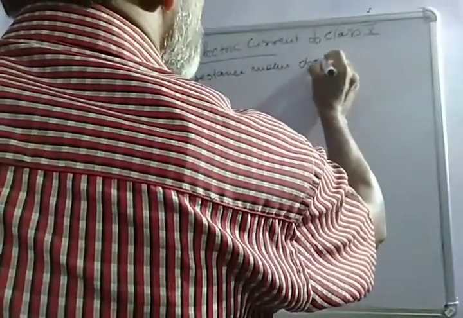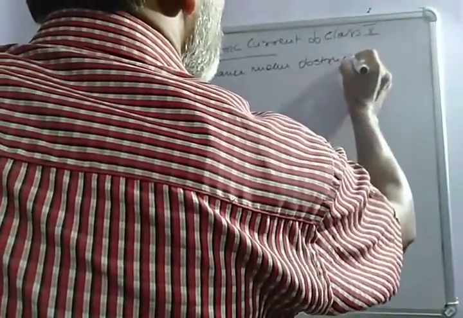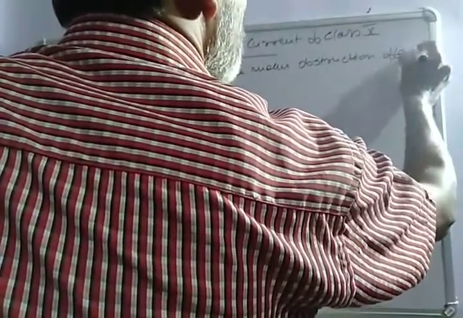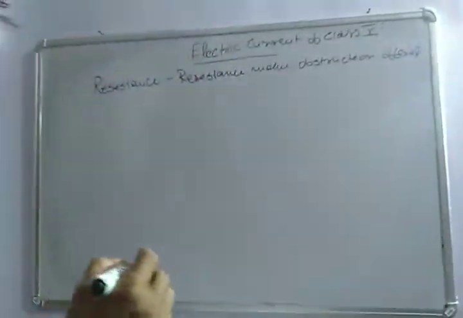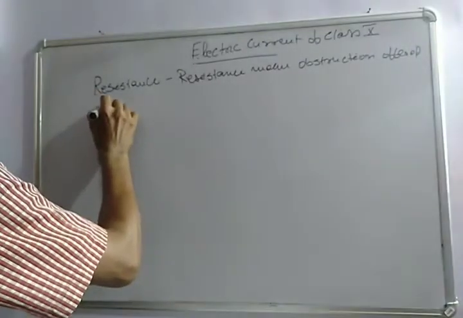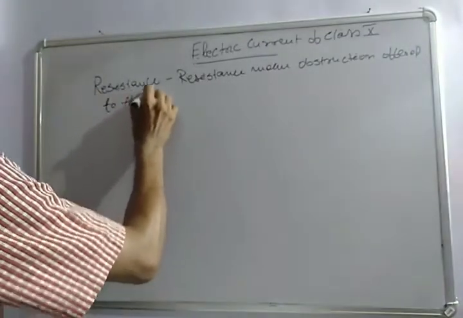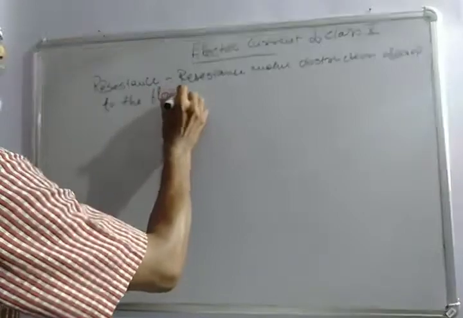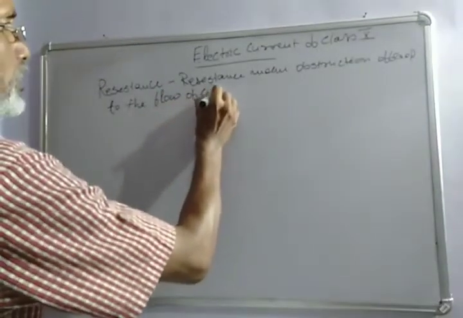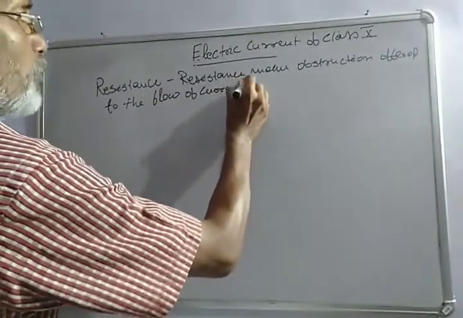Obstruction offered to the flow of current by the wire.